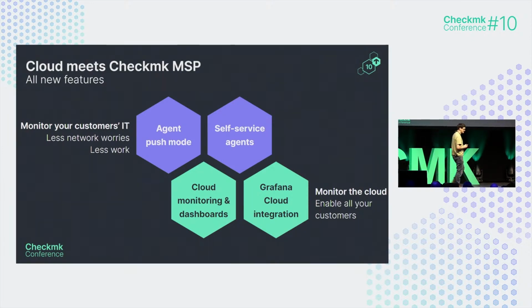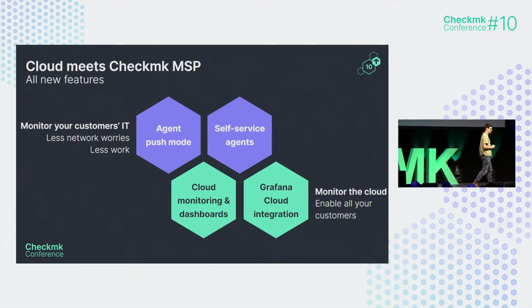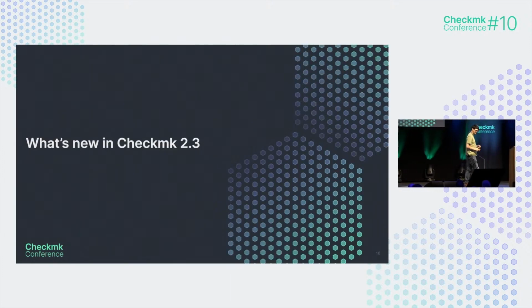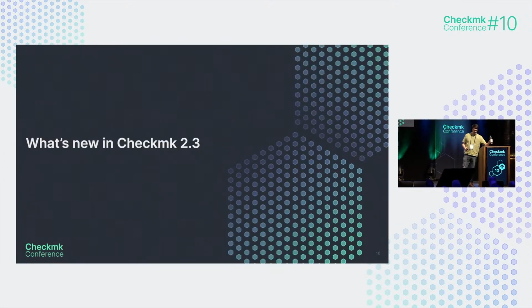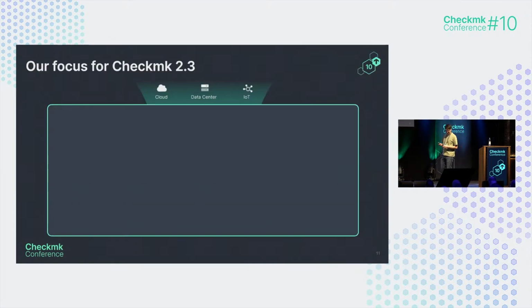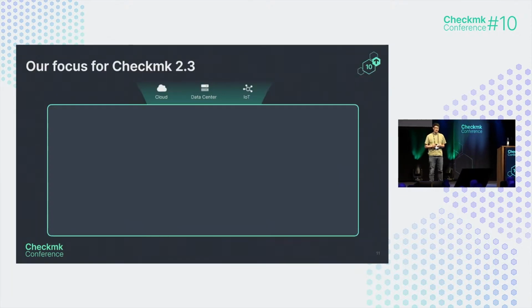Besides these major news, we of course also did a lot of work on Checkmk 2.3. So what did we do? Our focus for Checkmk starts with the ability to monitor anything.